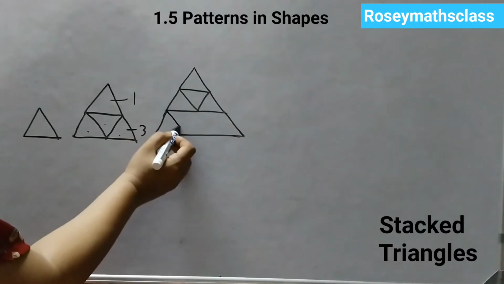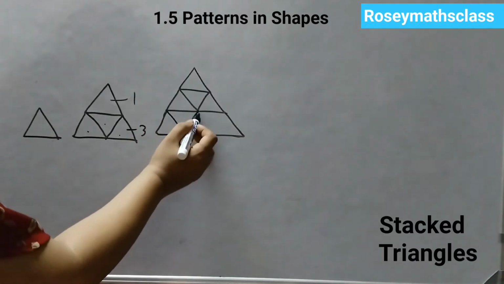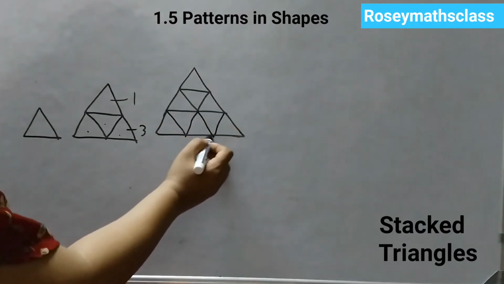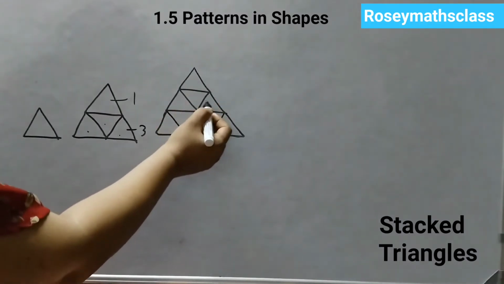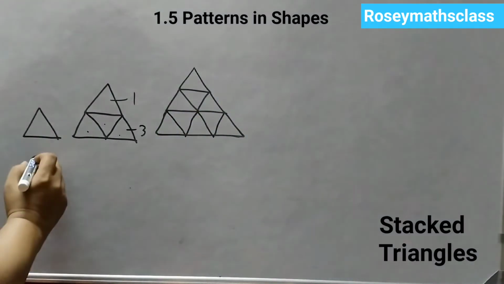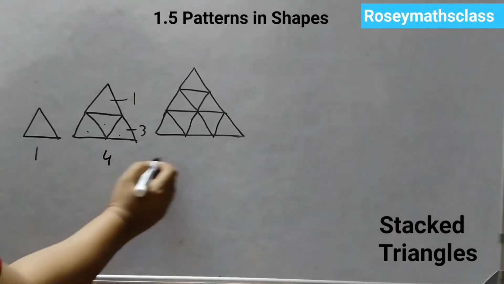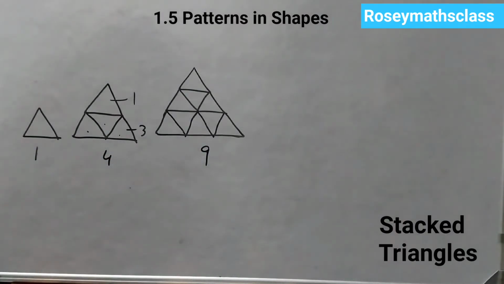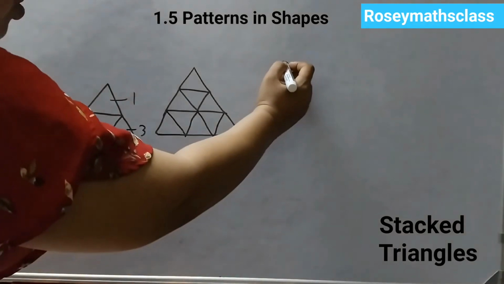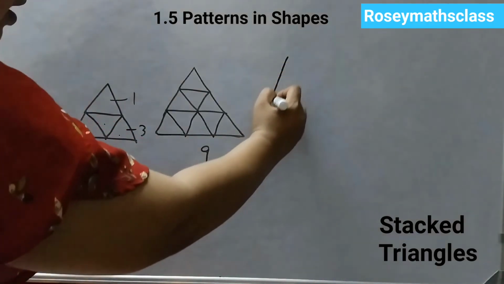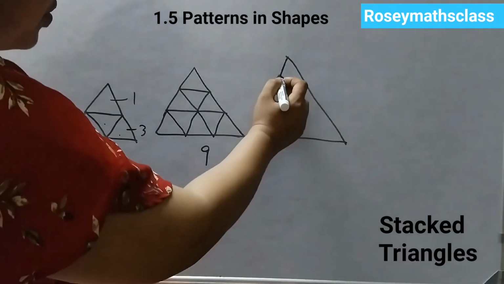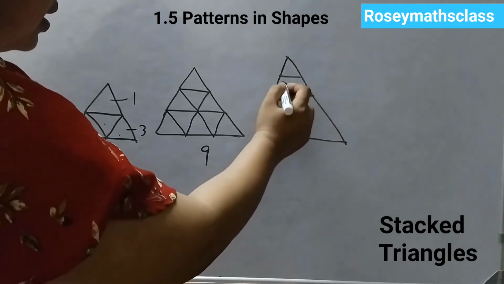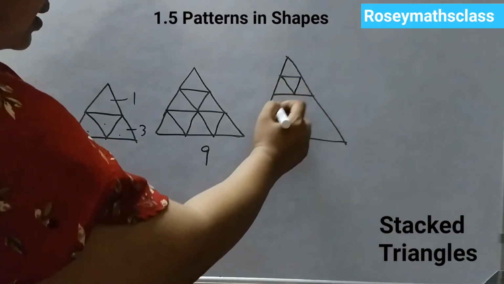Okay. So, here you draw 1, 2, 3, 4. See here? 1, 2, 3, 4, 5. So, 1, 3, 5. So, here we have 1 triangle, 4 triangles, 9 triangles. Then there would be 16 for the next one. So, we can draw a big triangle here. First, 1 small triangle. Then 3 triangles.